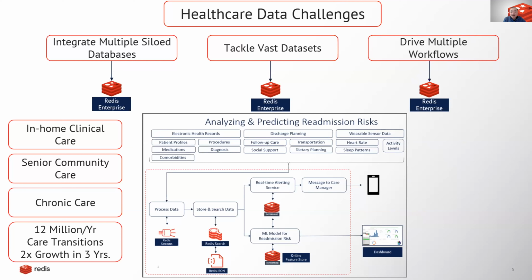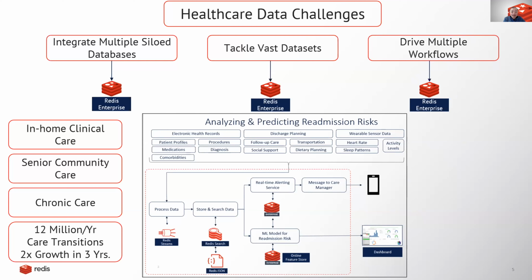And that's where Redis helps, right? Because we're able to consolidate on Redis, and because we're in memory, we're able to serve and process the data in sub-millisecond speeds. And so we can store and search that data using some of our Redis search capabilities.